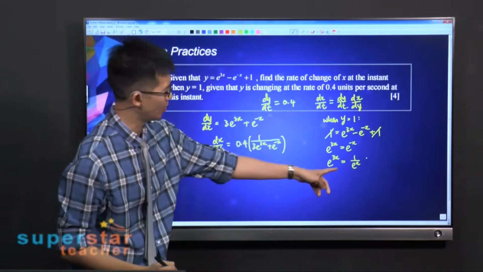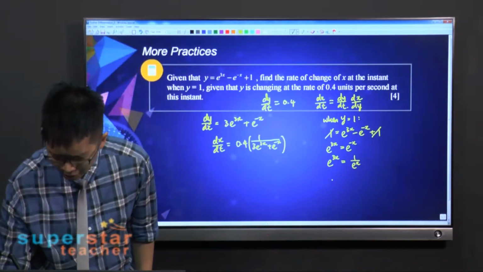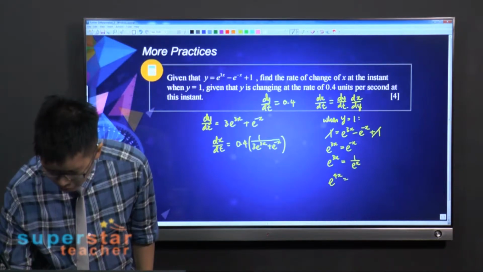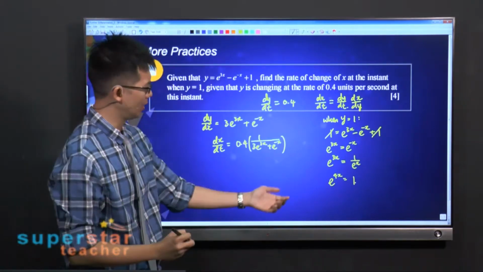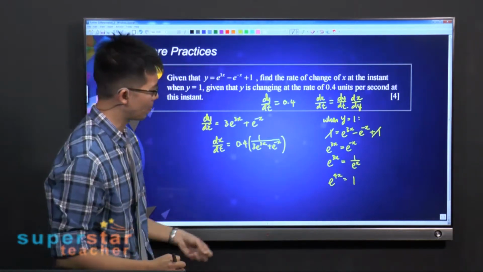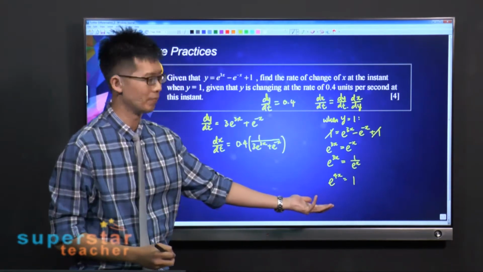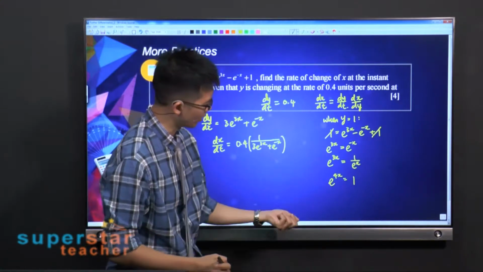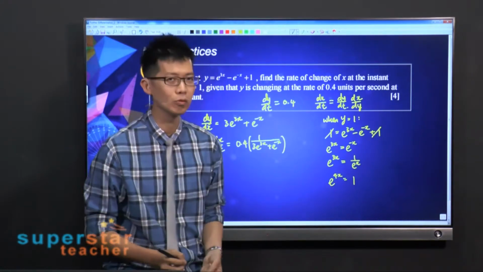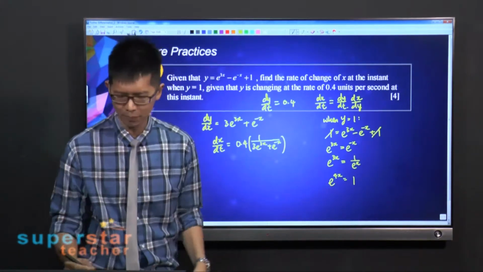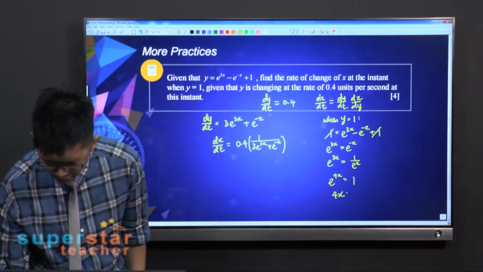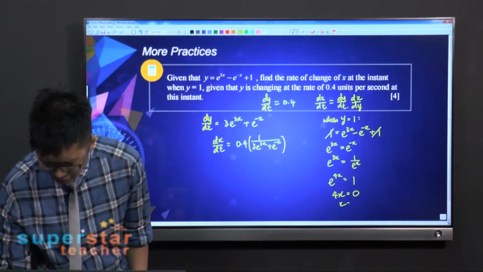If you cross multiply, you get e^(4x) equals 1. This is the time that you start to do your ln. When you do ln here, you get 4x equals 0, because ln 1 is 0. So 4x equals 0, and therefore x is equal to 0.